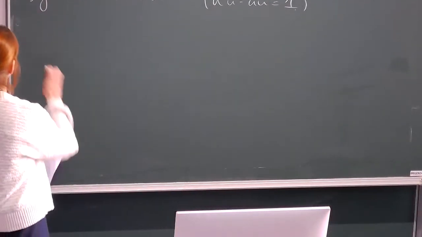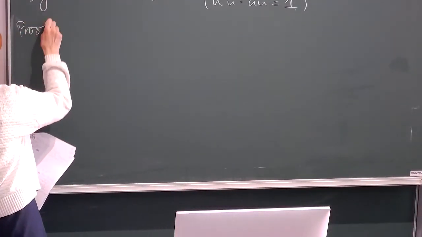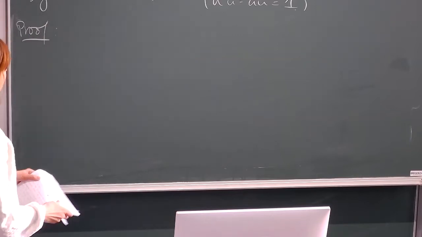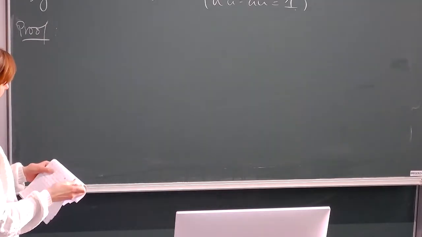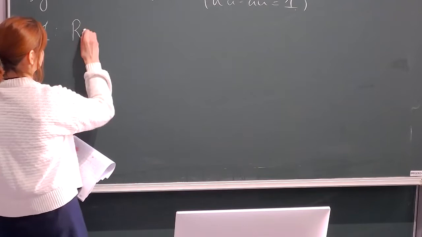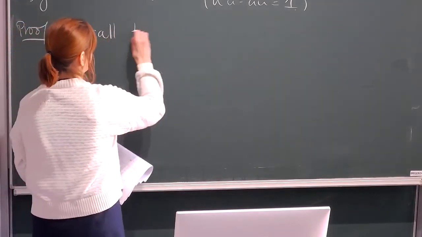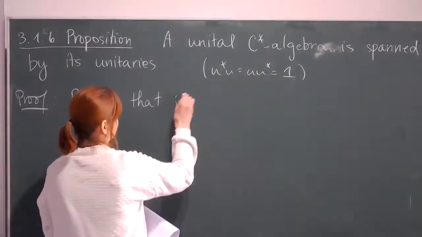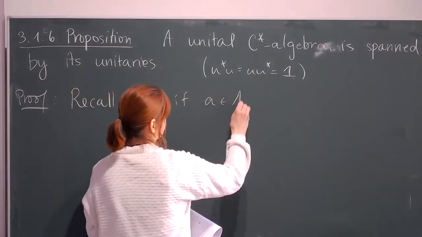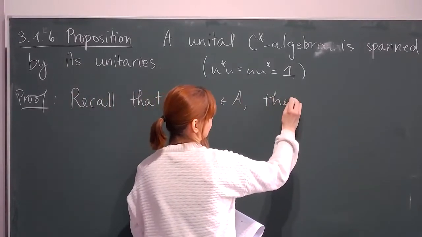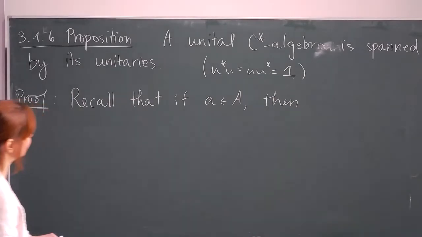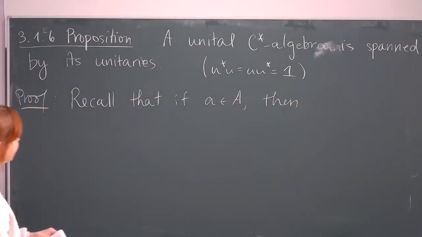Okay, so proof. Recall that we showed already that an arbitrary element can be written as a linear combination of two self-adjoints.